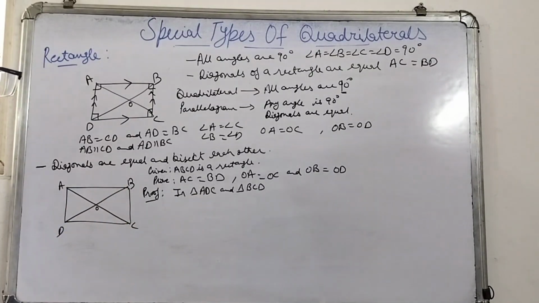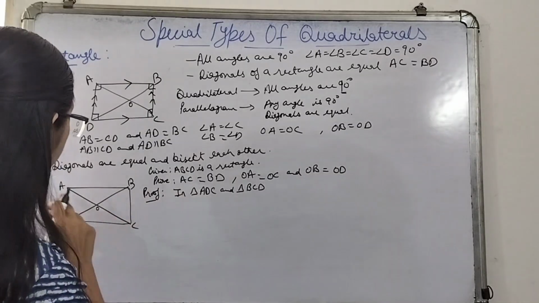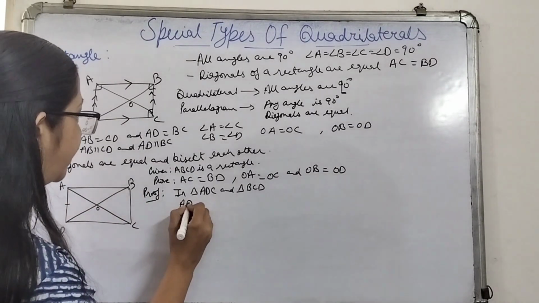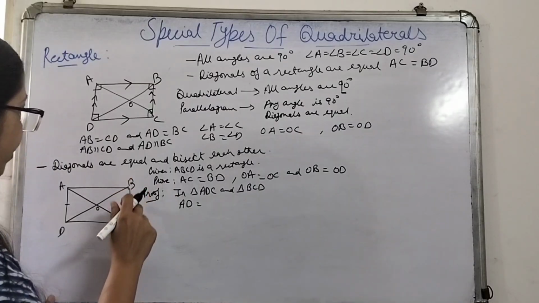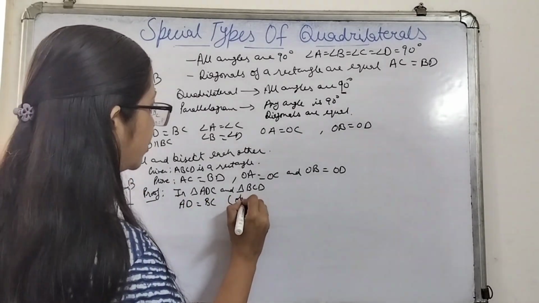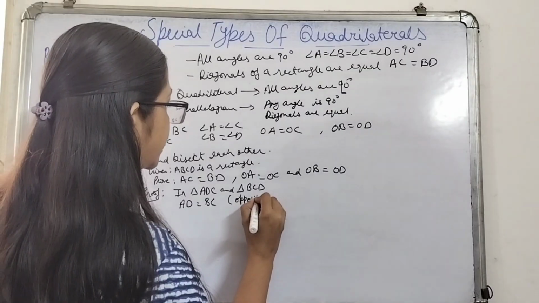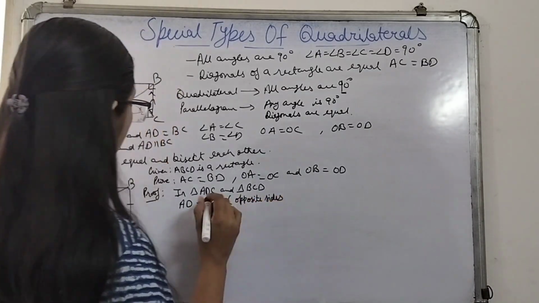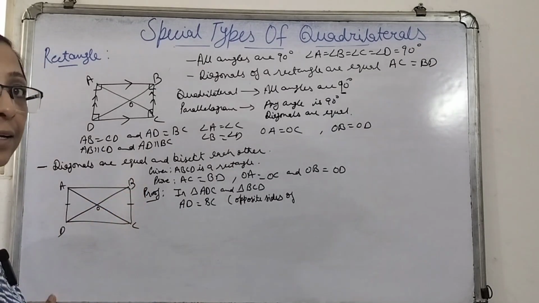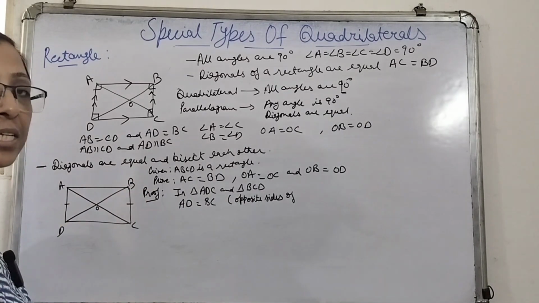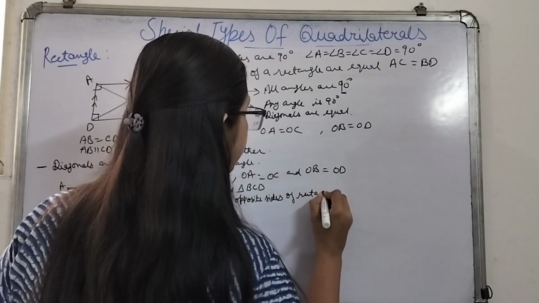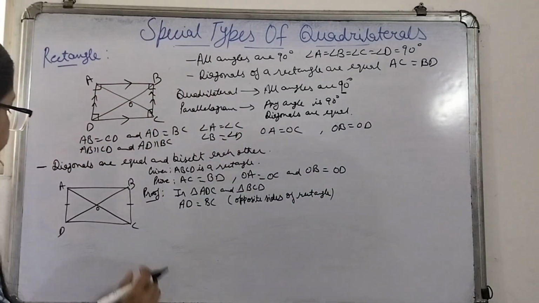In these two triangles, AD in triangle ADC is equal to BC in triangle BCD because they are opposite sides of the rectangle. A rectangle is a parallelogram, and in a parallelogram opposite sides are equal. Opposite sides of a rectangle are equal, that's the reason.